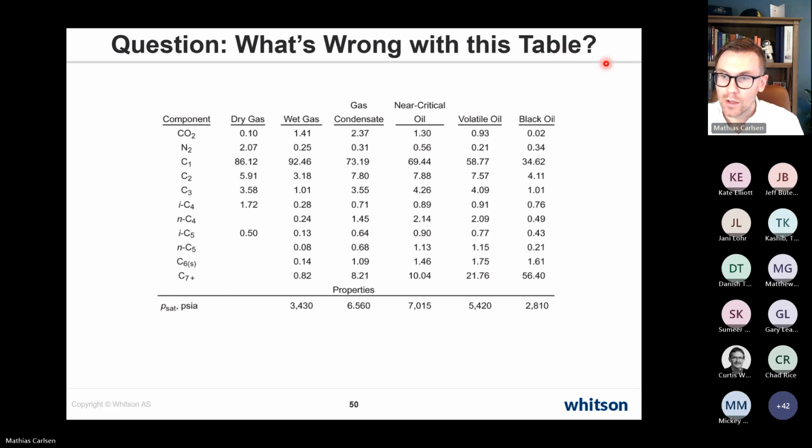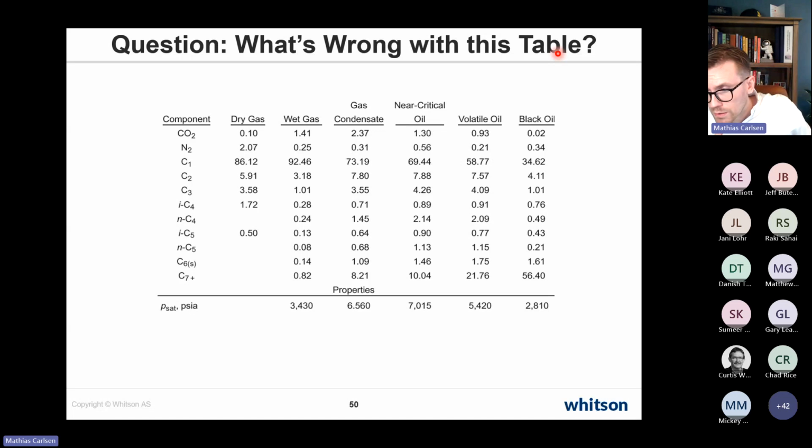Okay, excellent. So hopefully at least you've thought about it a little bit. So just to repeat the high level parts of the definition. If your saturation pressure is a bubble point, it's a reservoir oil.